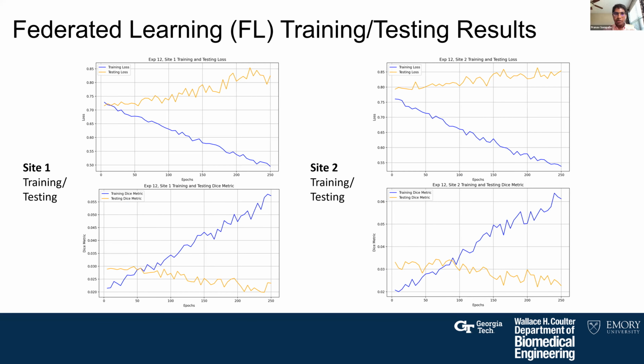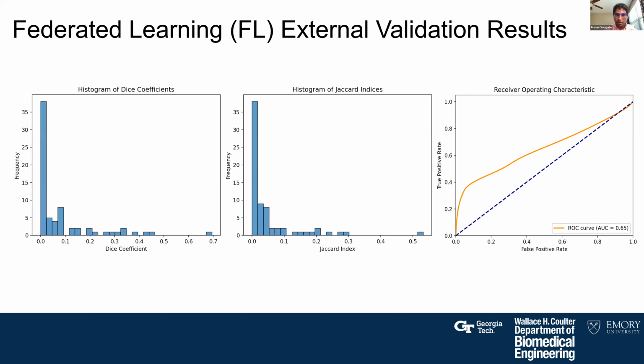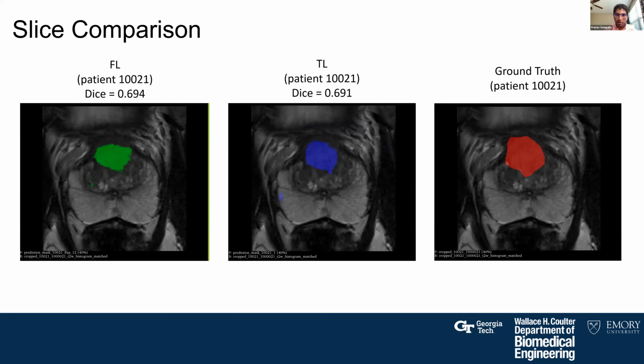On the other hand, in the federated learning experiment, we could observe similar trends in dice loss and dice metric over training and testing, as well as a minor increase in dice coefficient and Jaccard indices relative to the traditional learning experiment. However, more work is required.